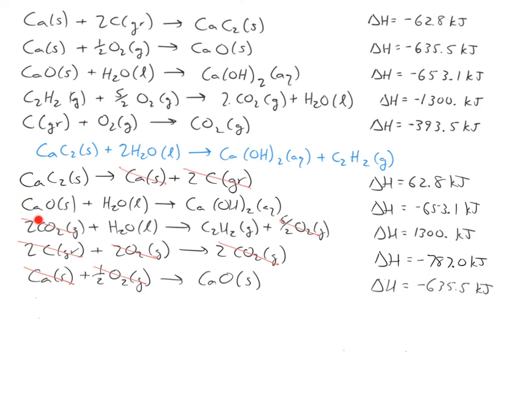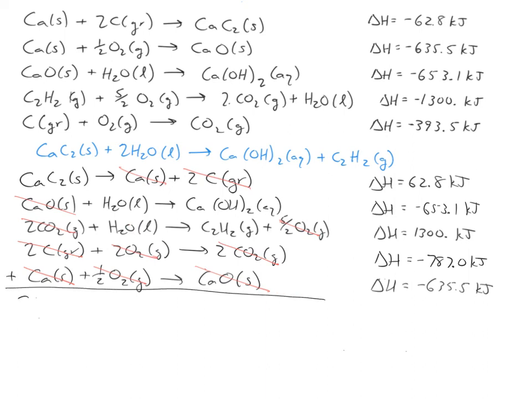Also, I have a CaO solid as a reactant and a CaO solid as a product. Those cancel. And looking through real quickly now, I don't see anything else that I can cancel out. Note I have 2 H2O liquids as reactants, so those should combine in my final answer when I add up all this stuff. So adding it all up now.